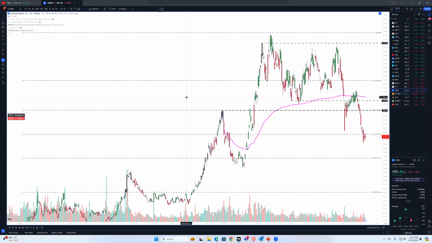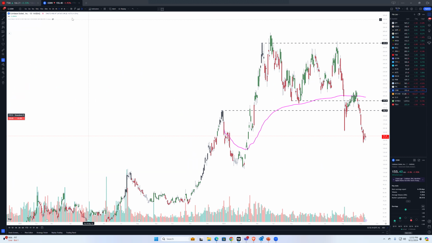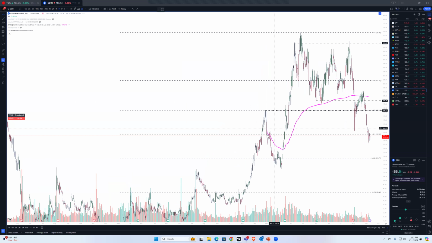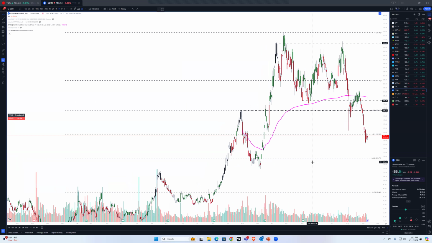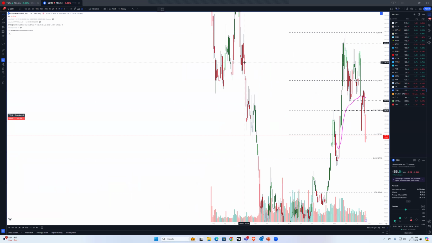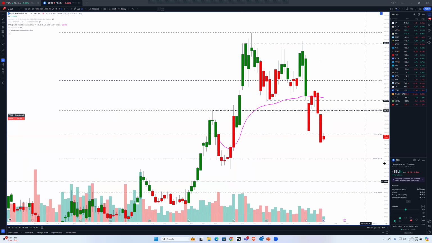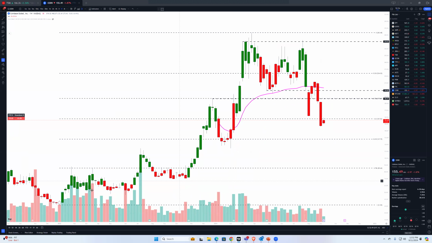Coinbase, one that we love to trade. I think I have a little bit of a double up here. Maybe not. Oh, that's what it is. So, Coinbase weekly chart. 2022 low to the high.